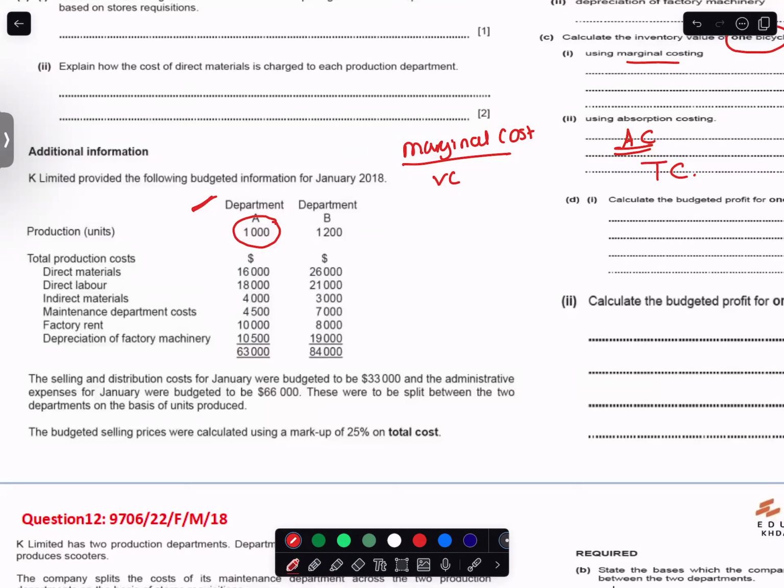Only which cost do I want? The variable cost. So can you allocate this? What is the variable cost and what is the fixed cost over here?